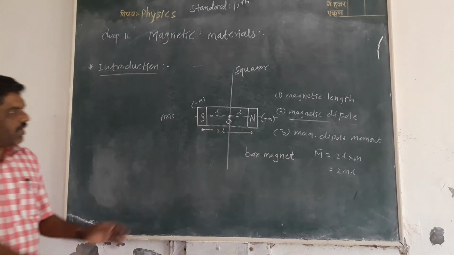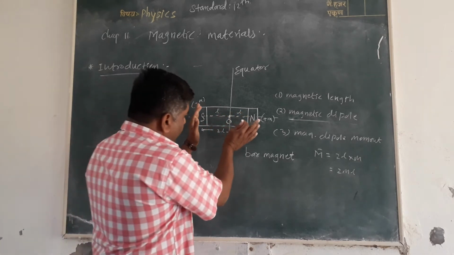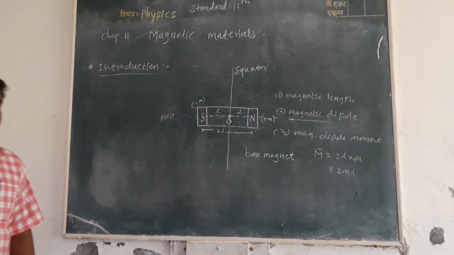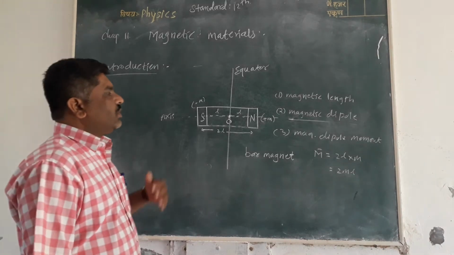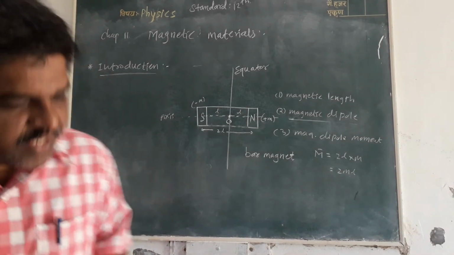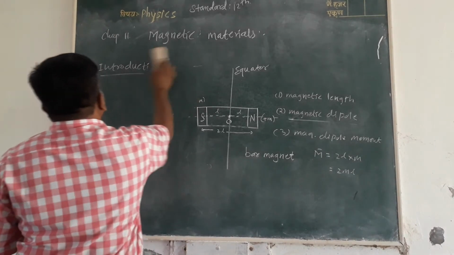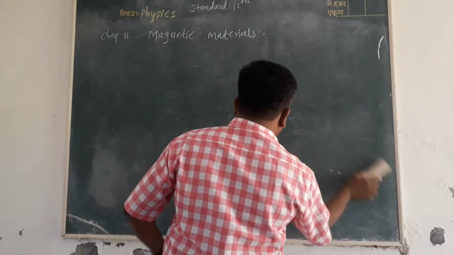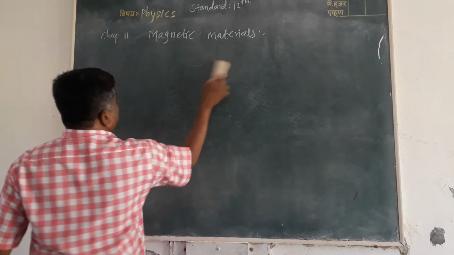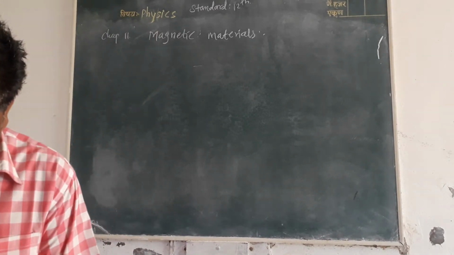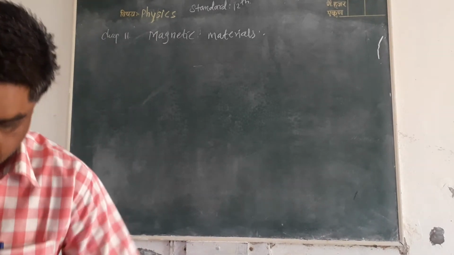We learned that when this bar magnet is kept in a uniform magnetic field, then there is formation of torque. Today also we discuss the bar magnet kept in a uniform magnetic field, and how much torque is produced.